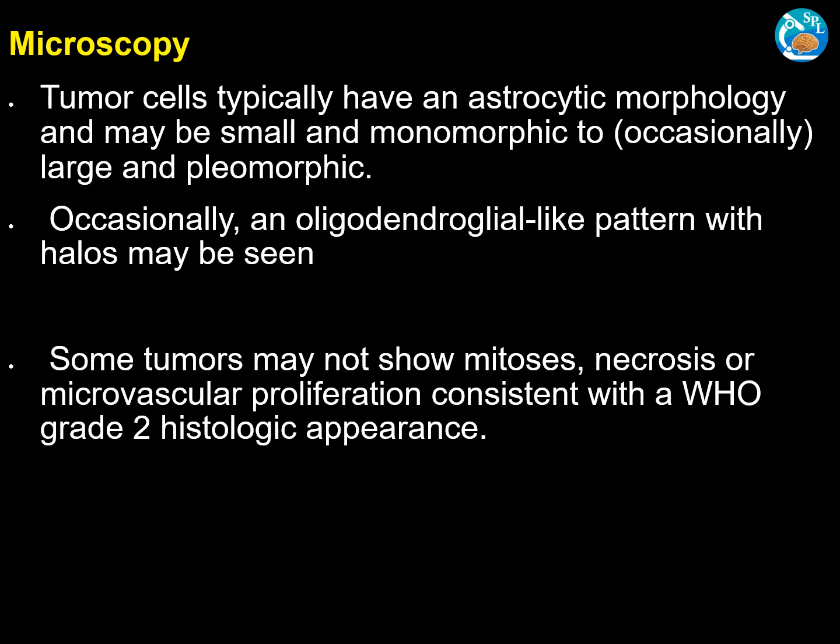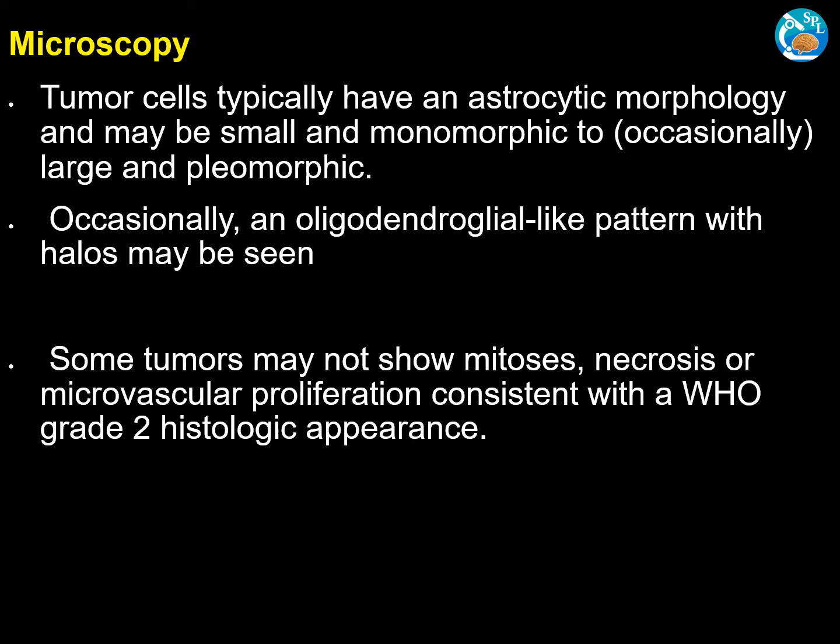So these tumors typically have astrocytic morphology, but in occasional cases may have an oligodendroglial-like pattern. The cells may vary. They may be small and monomorphic, or they may be large or pleomorphic. Some tumors exhibit grade 2 histology, and there may be absolutely no mitosis, necrosis or microvascular proliferation.